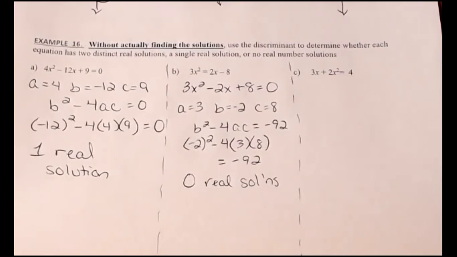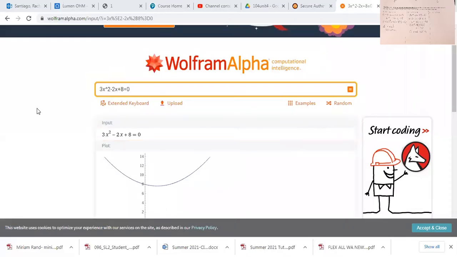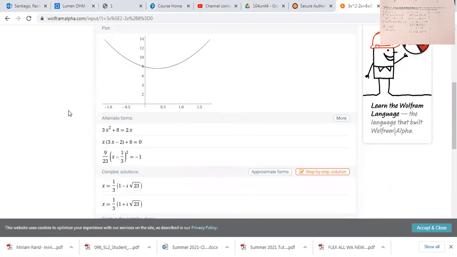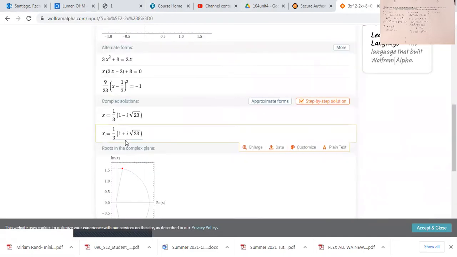So I'm going to share with you the Wolfram Alpha. Let's take a look at this graph. And there it is. Notice your x-axis is all the way down here. It's hovering above it. It's never going to actually cross the x-axis because its solutions are not real. Notice it has complex solutions. It even tells us what those are.